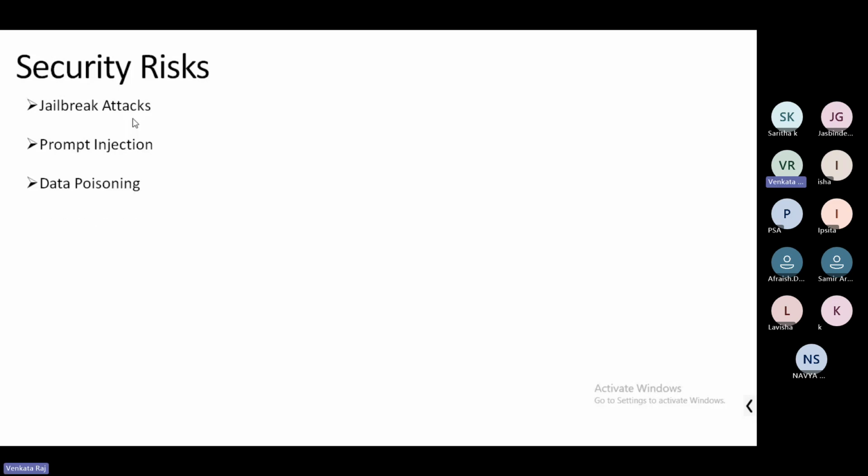Then the next one is data poisoning. One thing I told you guys, the output generated by the LLMs will primarily depend on the training data, right? Whatever data set they have been trained on, their output will depend on it.